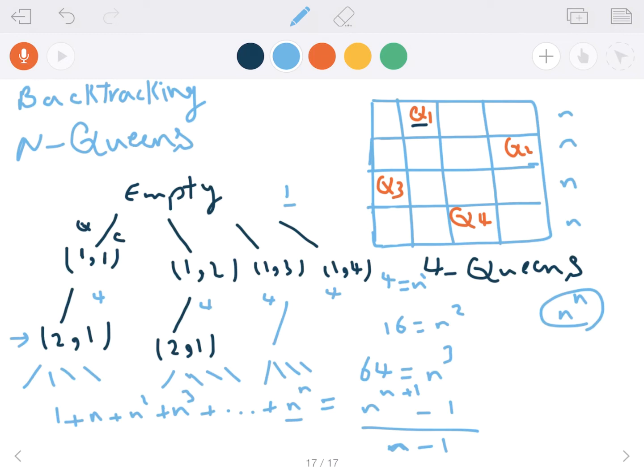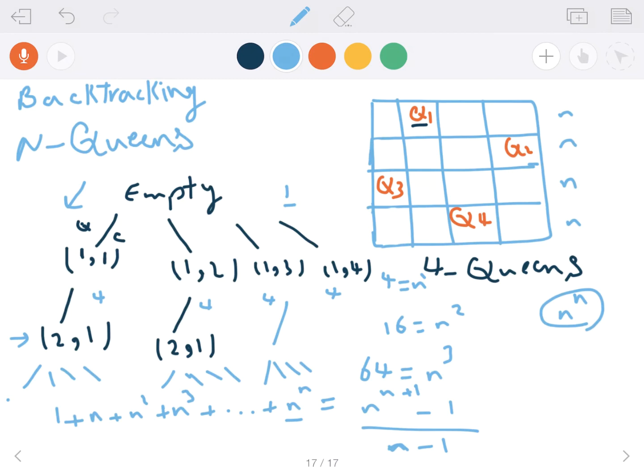And the possible solutions that we can create out of this tree: a solution is a path from the root to some leaf.